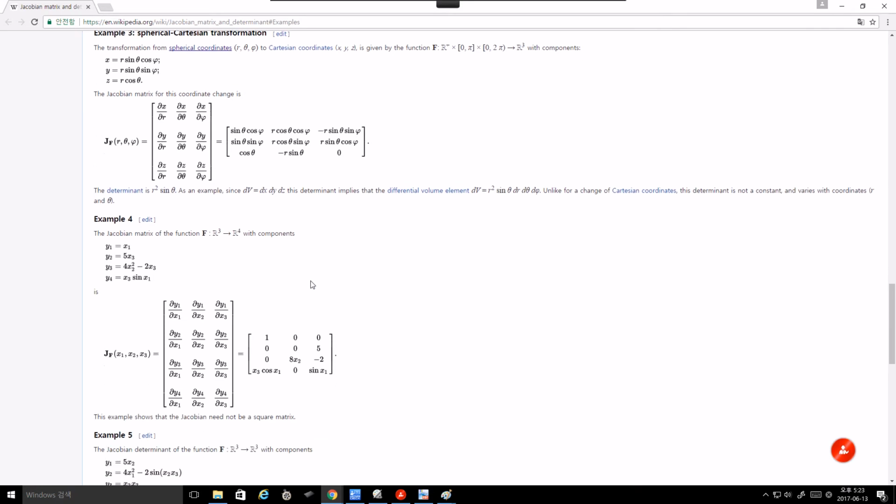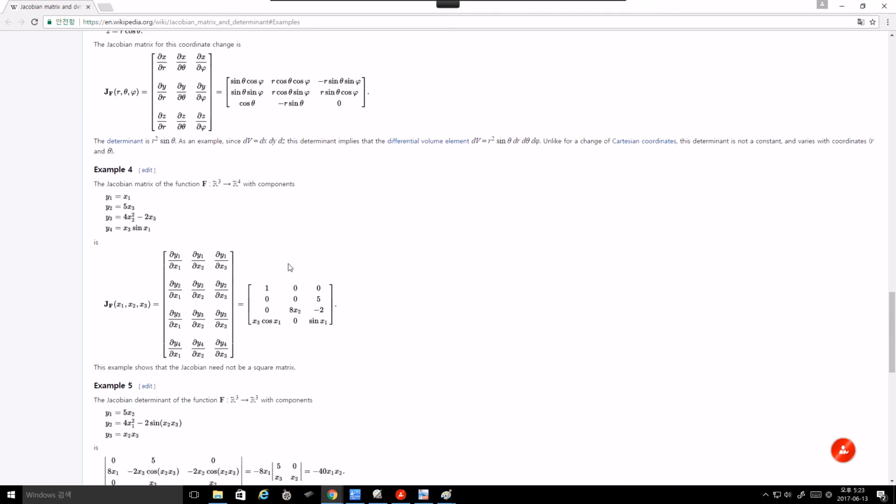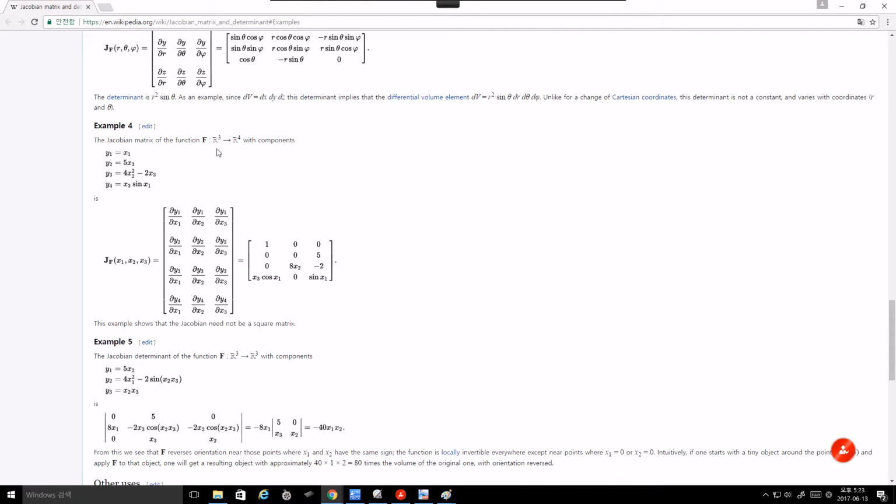Now, it is another example. Now, Jacobian matrix of a function f from R3 to R4. Three variables and the output vector has four entries. A vector-valued, multivariate function again. So this function takes x and gives four values, y1, y2, y3, y4, where y1 is x1, y2 is 5x3, y3 is 4x2 squared minus 2x3, y4 is x3 sine x1.